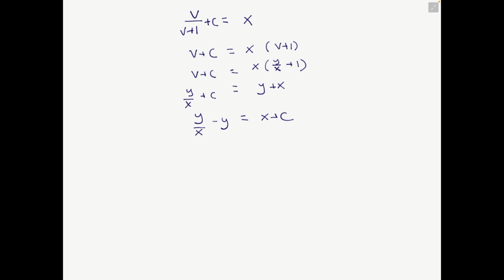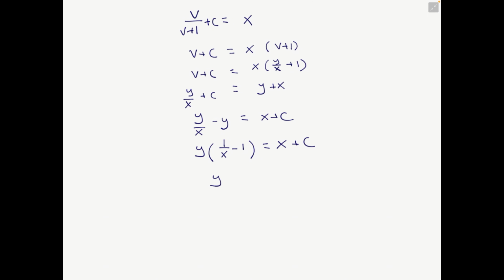Again, c is very arbitrary. So we have y times 1 over x minus c equals cx.